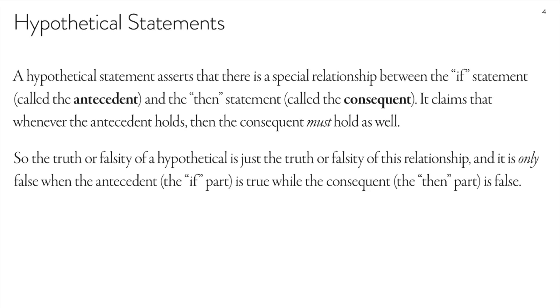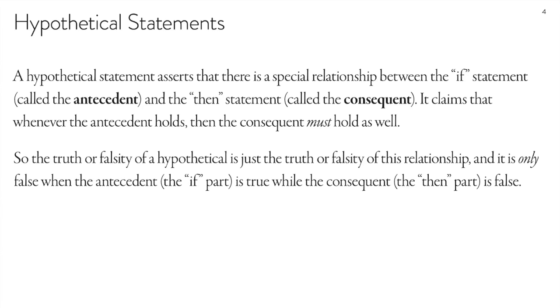And so here's just where I have explained out what I just said. So here it is if you want to look at it. Again, it's just a hypothetical statement. It isn't claiming the if and the then part are both true. It's claiming a special relationship between that if statement, the antecedent, and the then statement, the consequent.